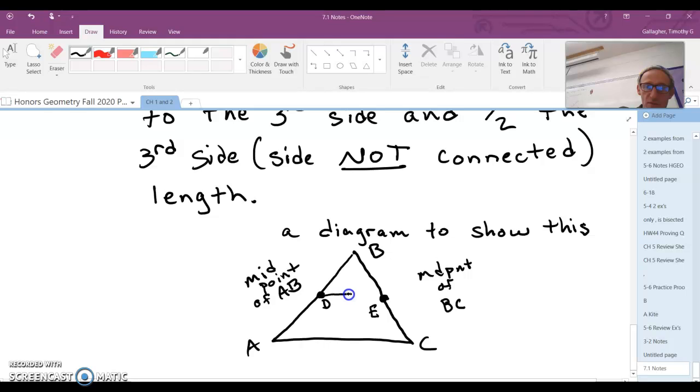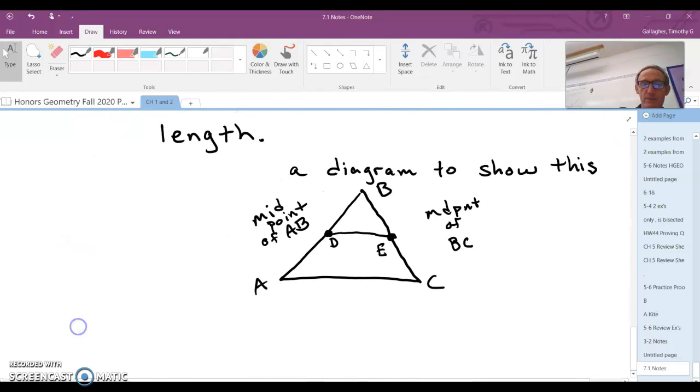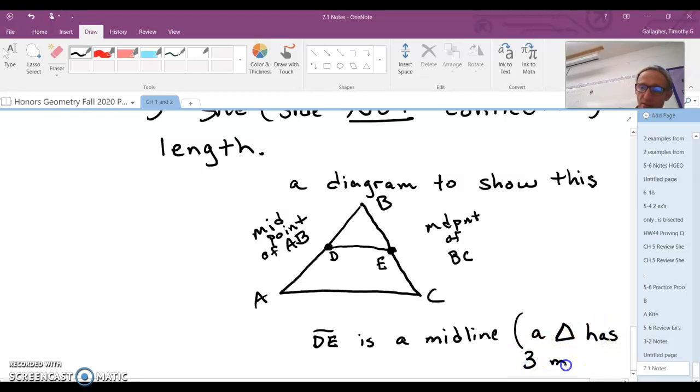And this is the mid segment, or the midline. DE is a midline. Now, a triangle has three midlines.